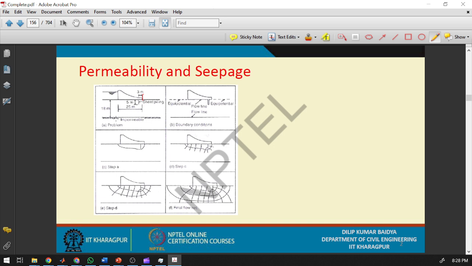The impermeable membrane is this. So the water will cause a toe failure here. But if we have a sheet pile here, the flow of water will change. Otherwise, we could have a piping failure here.